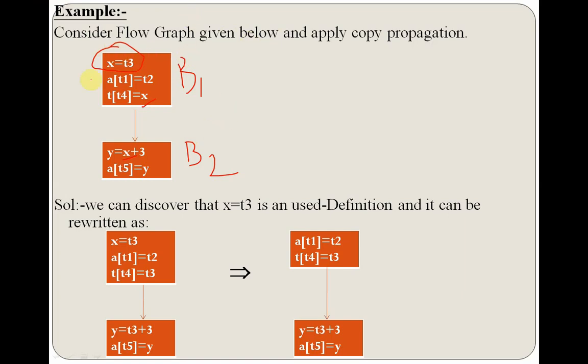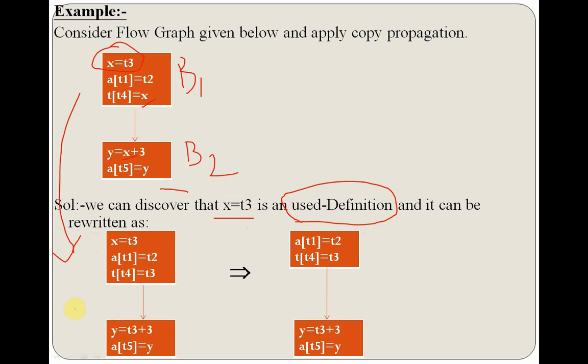From that process I can simplify the code like this. Here x = T3 is a copy statement. The copy statements are calculated from the data flow analysis property called use-definition.